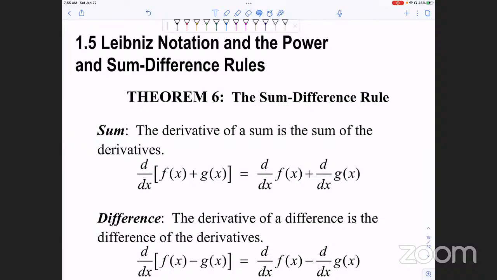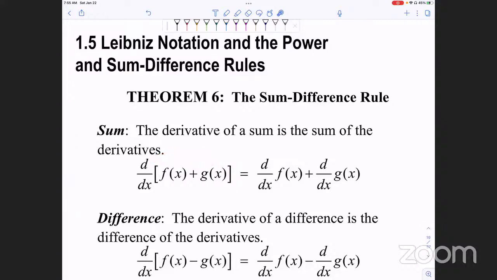Now the sum and difference rule. The derivative of a sum is the sum of the derivatives. If we take the derivative of something plus something else, we can break it apart. It's kind of like distributing, but we're not really distributing.